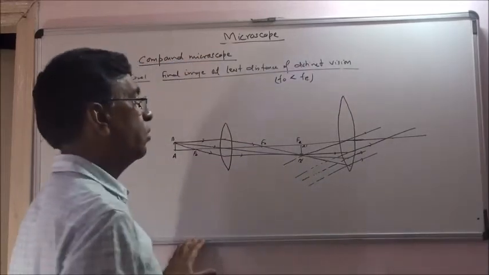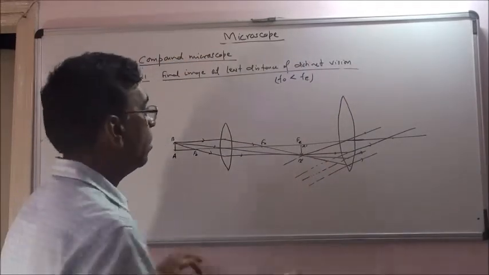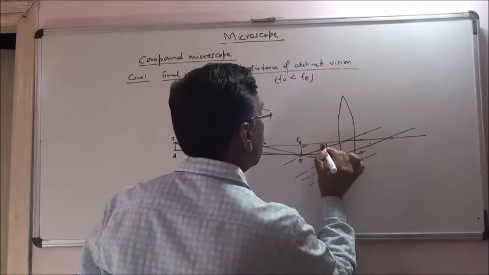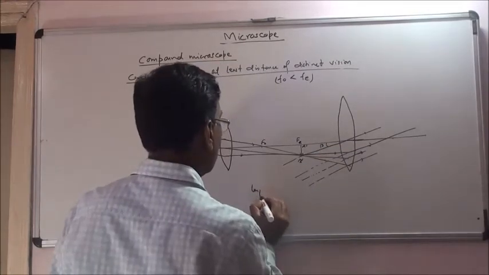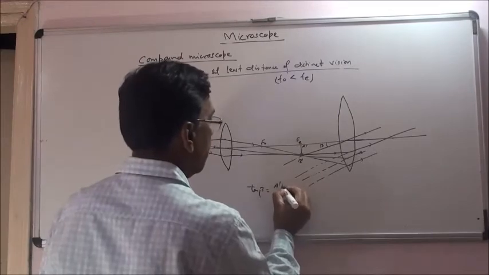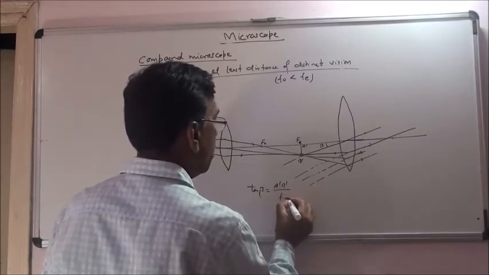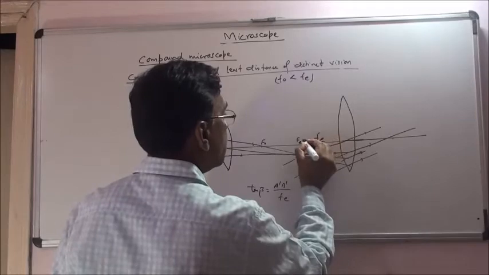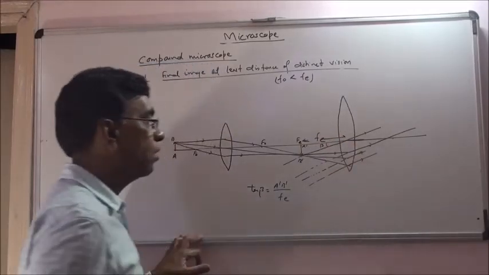This is how the image will be formed. All these rays will be parallel, and this angle will be beta. So what is tan beta now? It is A dash B dash upon FE, because this distance is FE.